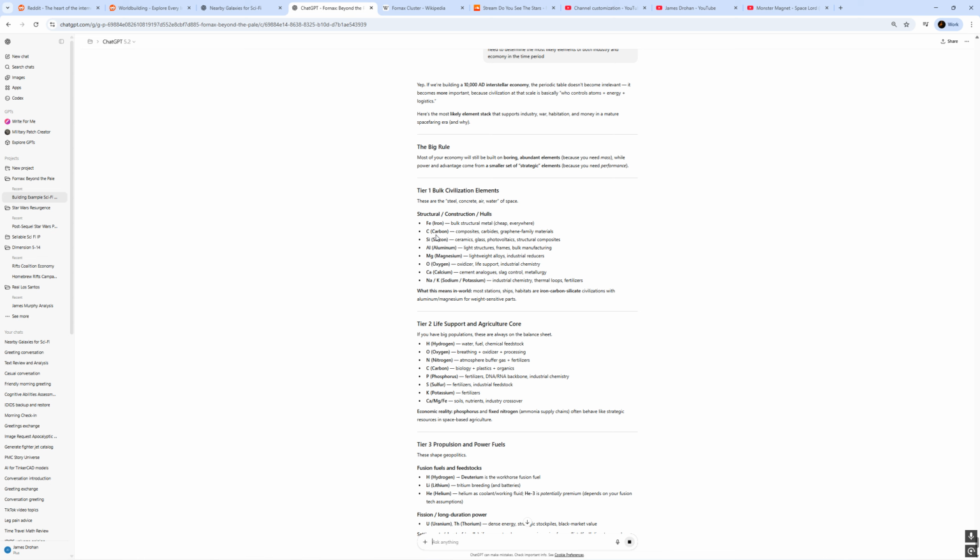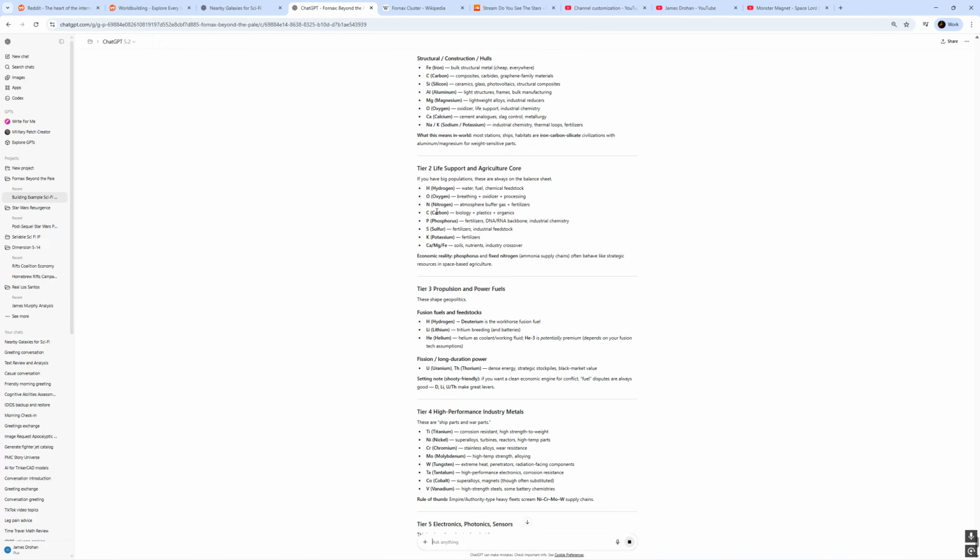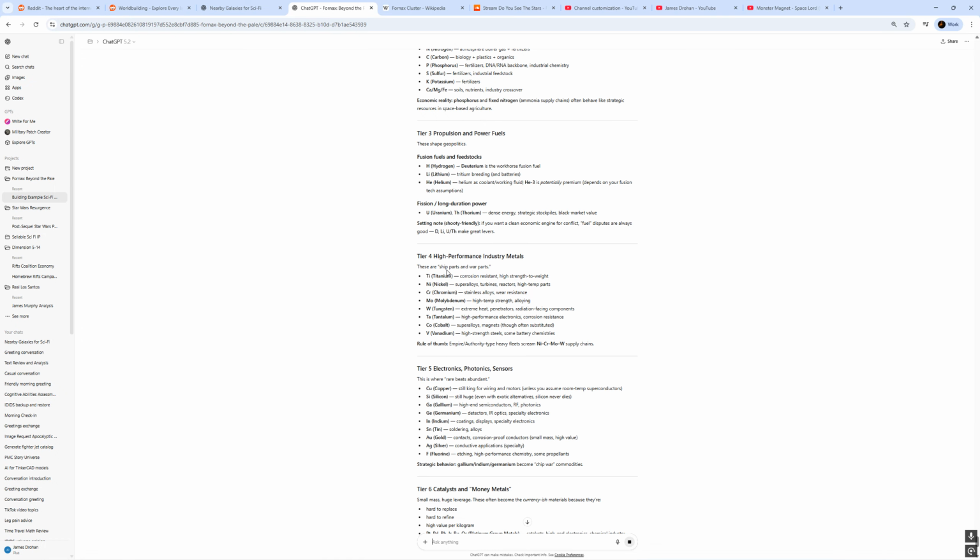So we know we need iron, carbon, silicon, aluminum, magnesium, oxygen, calcium, sodium, potassium, hydrogen, nitrogen, phosphorus, sulfur, soil, nutrients, and energy.